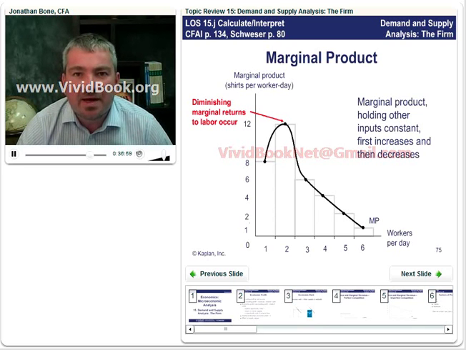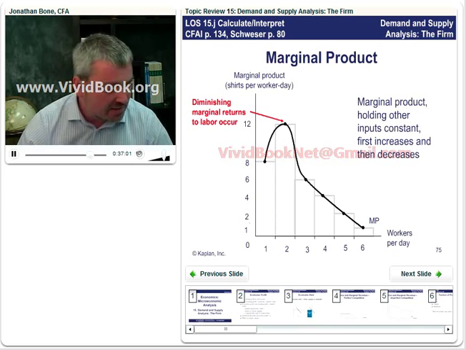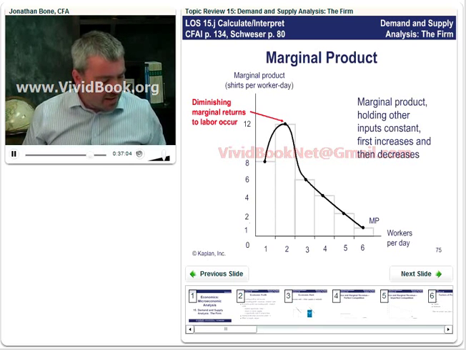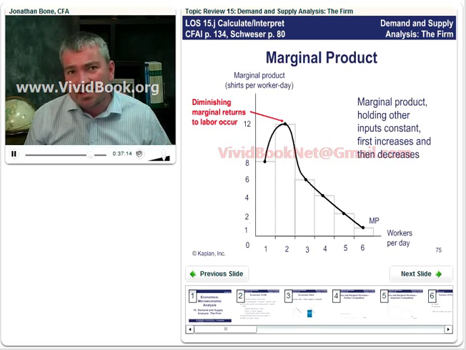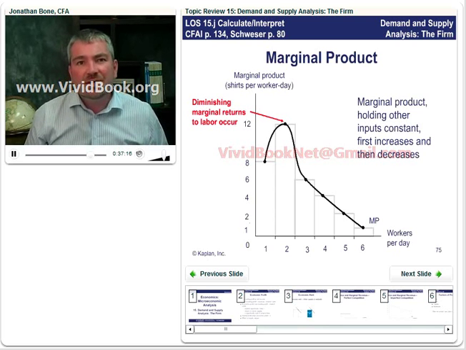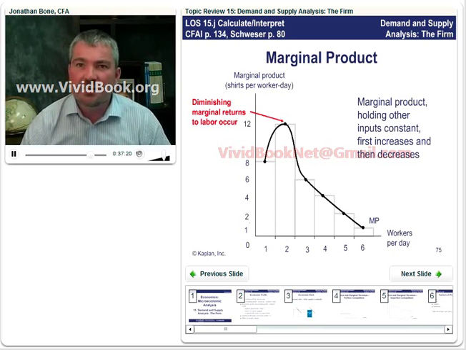But notice when we go from 2 units of labour to 3 units of labour, on the previous slide our marginal product was 6. So the 2nd worker produced 12 extra units, but the 3rd worker only produced 6 extra units. So we're now exhibiting diminishing marginal returns to labour. The marginal product of labour is falling, diminishing returns.